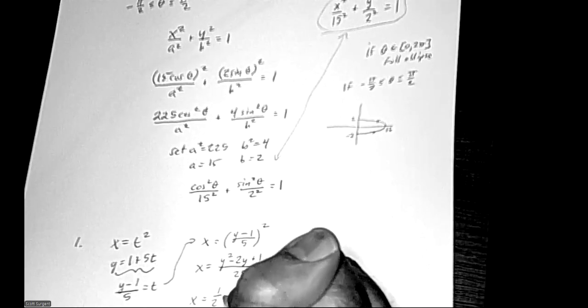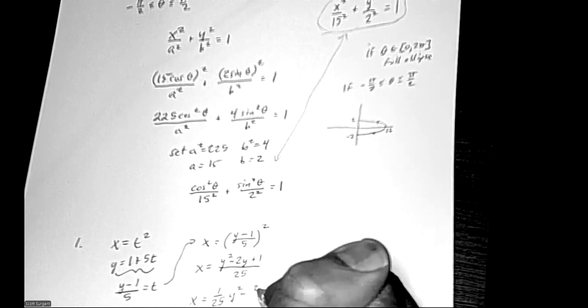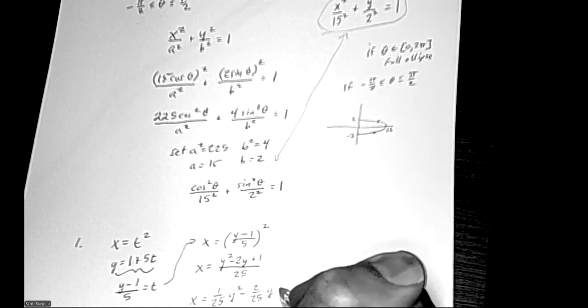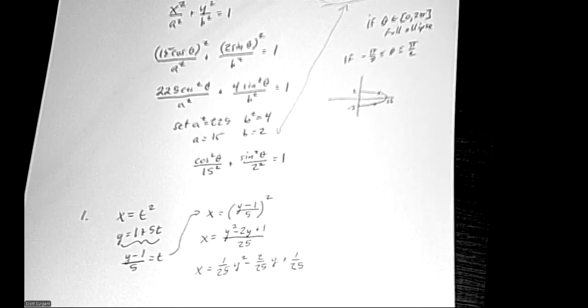And then if you write it out this way, you get that. Does that make sense? So eliminating the parameter is really just a matter of algebraically solving for it in one of the equations and substituting in the other.